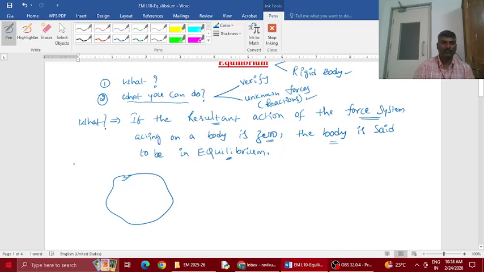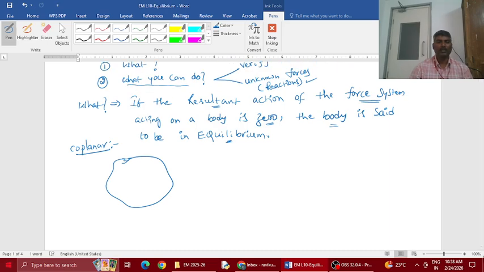So we go for a coplanar system. We restrict our discussion to coplanar system. Imagine you have a collinear force system acting on a body. I'll just draw the forces acting on this body. All these are on a single line of action, so that is what you call collinear force system.